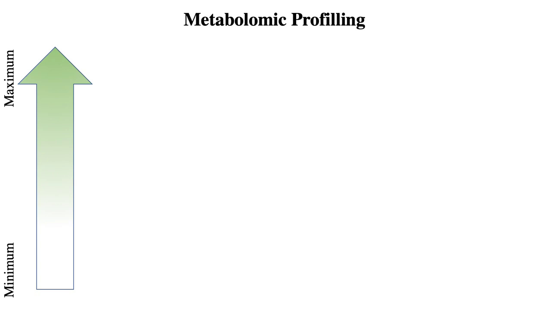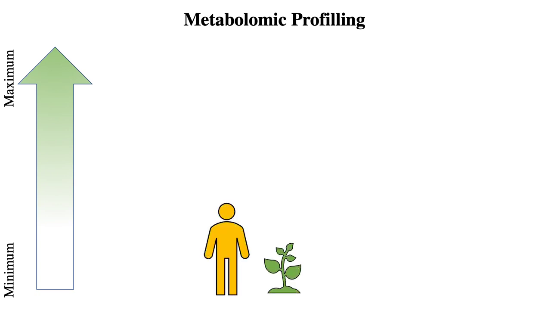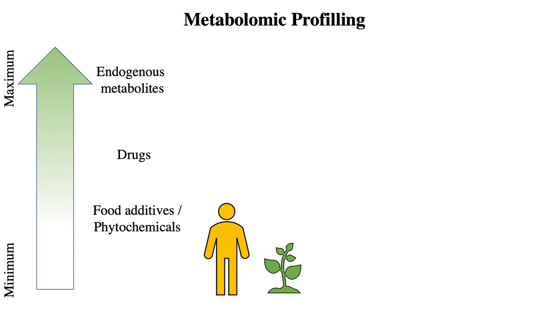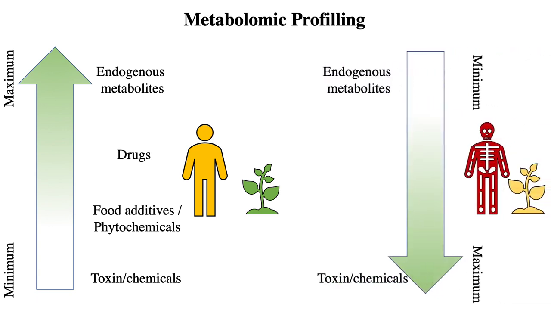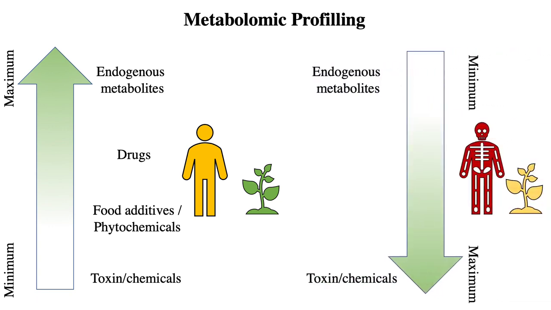To understand metabolomic profiling, let's have a look at this arrow. In a normal human being or a plant, the amount of endogenous metabolites would be higher, followed by drugs, food additives or phytochemicals in the case of plants, and toxins or chemicals. Whereas in a diseased or unhealthy organism, the situation can be reversed. For instance, the amount of toxic chemicals might have increased, causing disease in the organism.